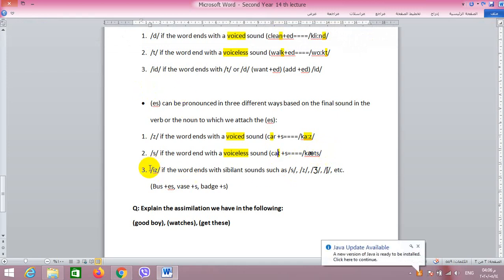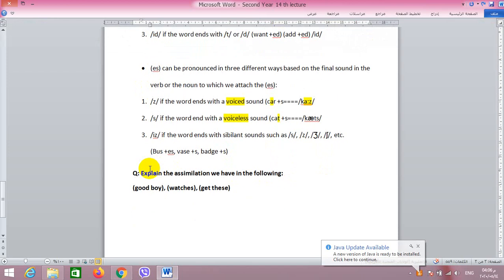Now we have iz. It is the third way of pronouncing the es. Here, if we have a sibilant sound, sibilant sounds are the whistling sounds, like s, z, sh, zh, ch, j. Whenever we have one of these sounds at the end of the noun, we should pronounce it iz, just like bus, buses.